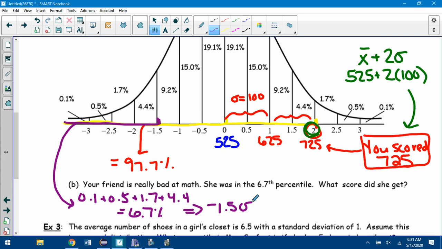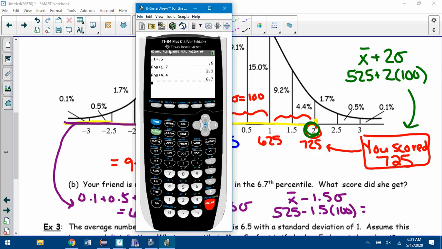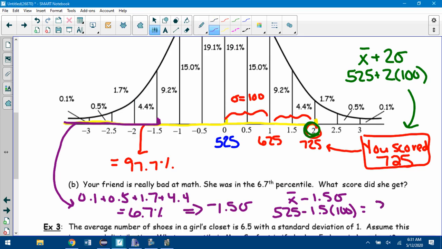So if I take what I did up here and say I need to take the mean minus 1.5 standard deviations, that would be 525 minus 1.5 times 100. And I get 525 minus 1.5 times 100. And my friend only got 375 on the math SAT.